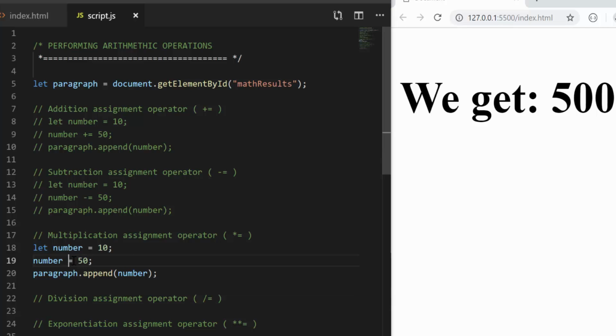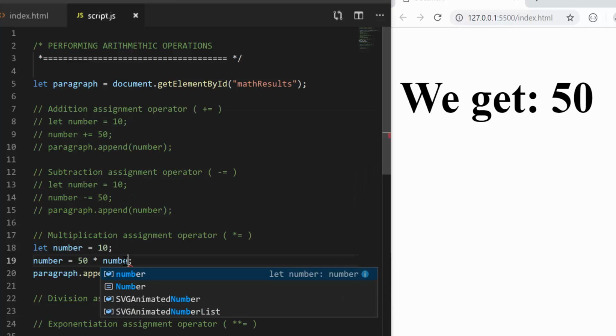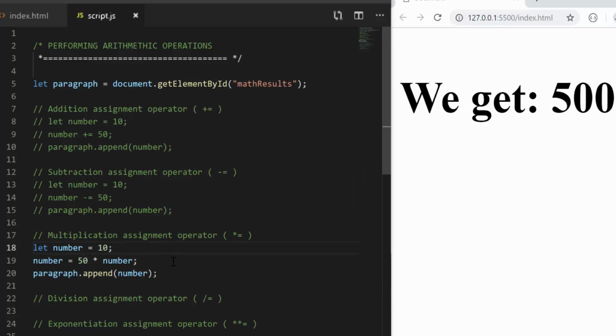That is the same thing as number times this. Now, because we are multiplying here, even if you had made a mistake of writing this times number, you will still get 500 because the order in multiplications doesn't matter, but it does with subtractions. So you always keep in mind the proper order of the values.